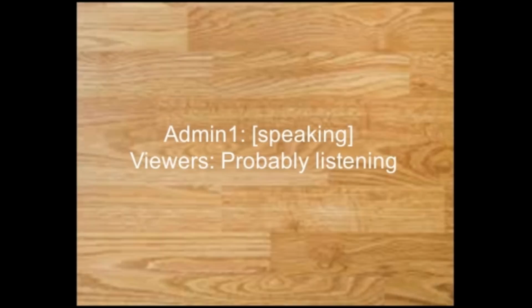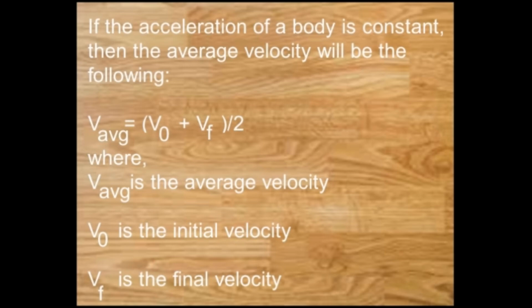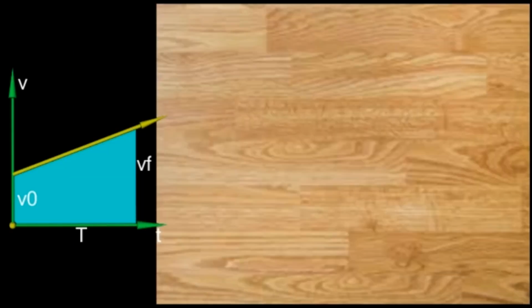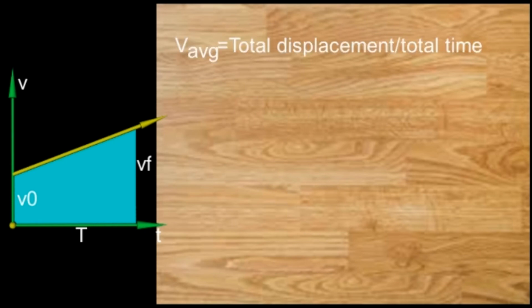If the acceleration is constant, then the average velocity will be the following. Now, we can understand this using graphs and a little bit of algebra in the following manner. The average velocity is total displacement divided by total time.